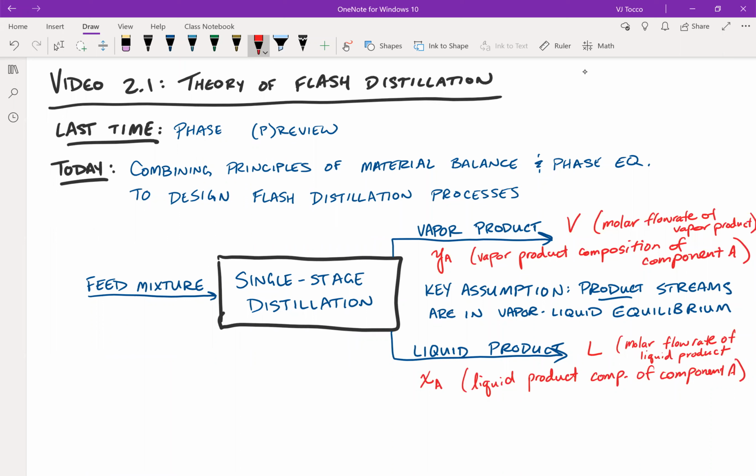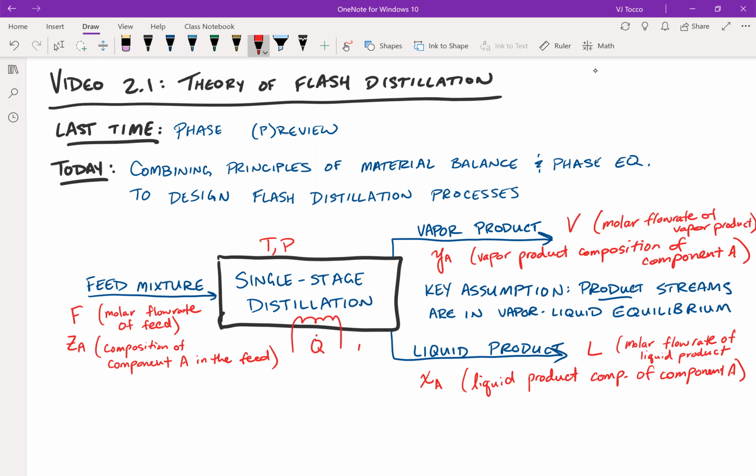So for the feed, I'm going to say the variable F is the molar flow rate of the feed, and the composition of the feed is going to be Z sub A. In addition to these process variables, I need to also know what the temperature and the pressure is that we're operating the single stage distillation unit at. And additionally, if I am changing the pressure or the temperature, I might have some Q or W terms as well. So I'm just going to denote that with a stirrer and a heater for work and heat respectively.